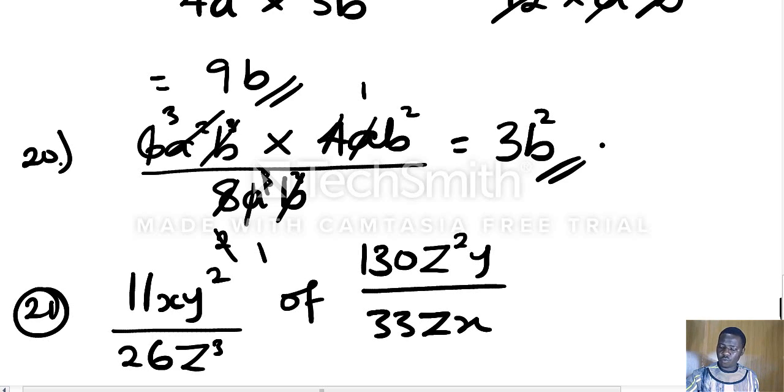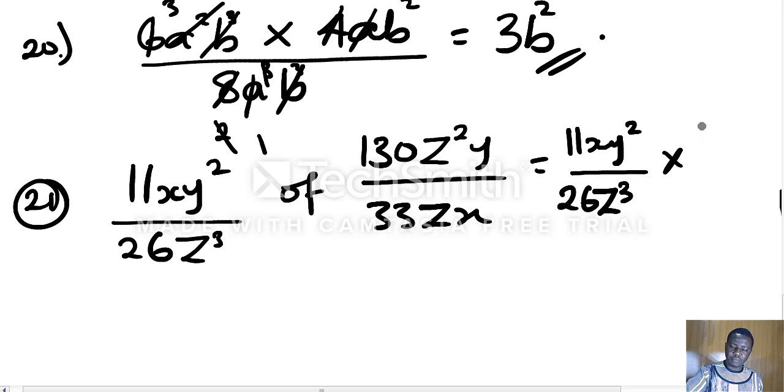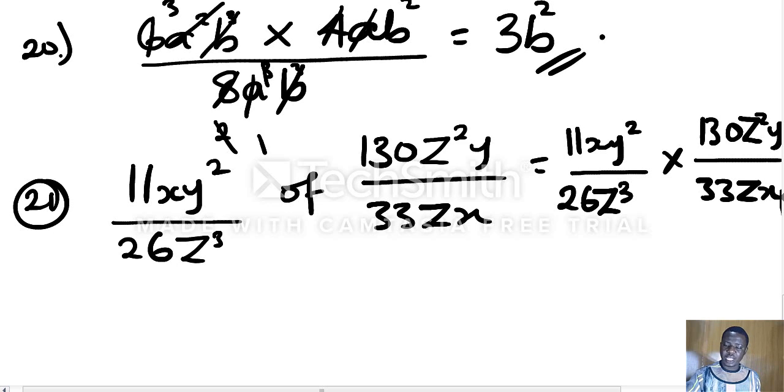Of, we are told, is what? Multiplication. So this can also be simplified to be 11xy squared divided by 26z cubed times 130z squared y divided by 33zx. So I can go straight ahead to simplify them.